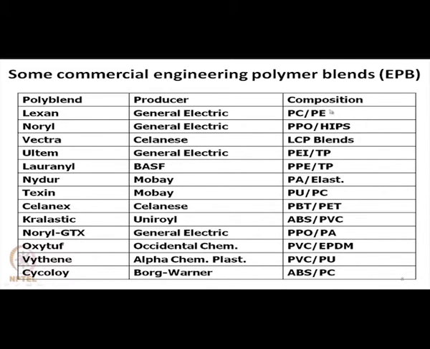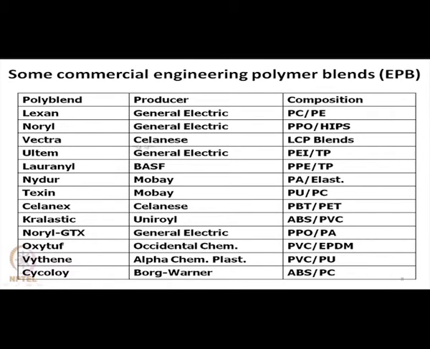So, by varying the composition of polycarbonate and polyethylene, we can have some new properties in some particular composition. So, this blend is available in the market. Similarly, Noryl, it is a polyphenylene oxide and high impact polystyrene blend, a mixture of high impact polystyrene with polyphenylene oxide.